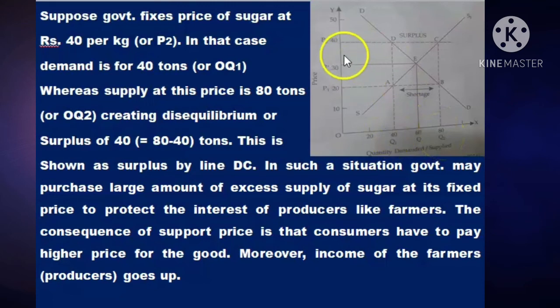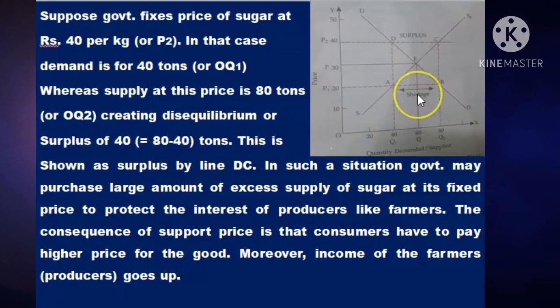As price increases, demand decreases. The quantity demanded is only 40 tons, OQ1, whereas supply at this price is 80 tons, OQ2, creating disequilibrium or a surplus of 40, that is 80 minus 40. So 40 is the additional amount.